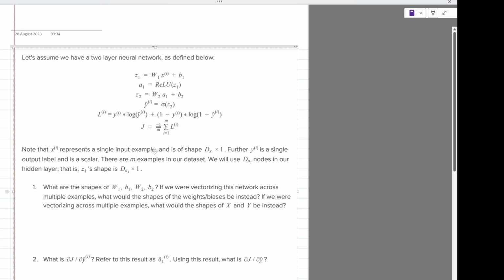Xi represents a single input example and is of shape dx into 1. So dx is the number of input nodes of your input layer. Further, yi is a single output label and is a scalar. So your network has dx neurons in the input, some hidden neurons depending on the shape of w2, and one output neuron y.